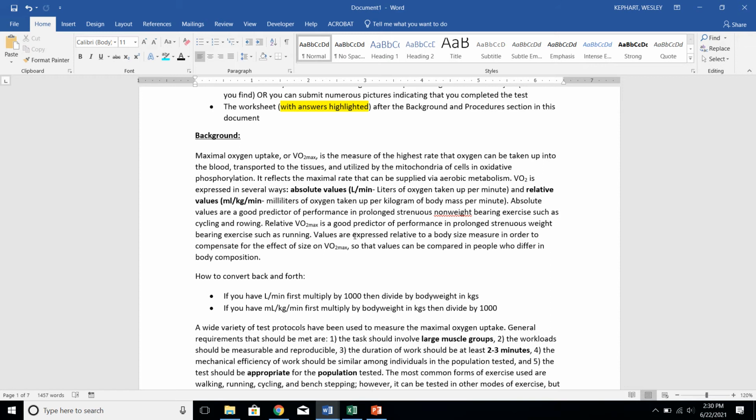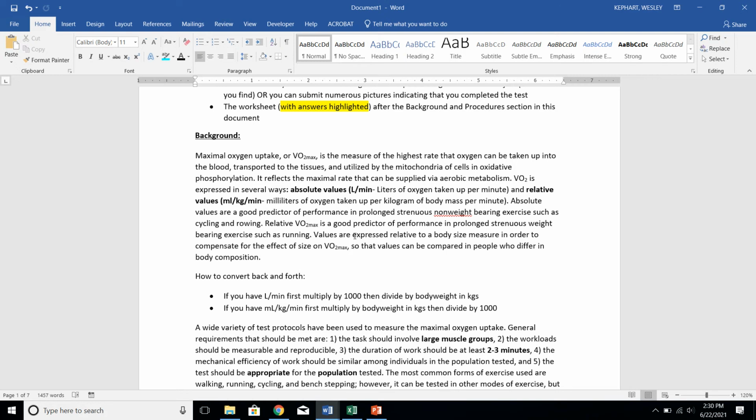Absolute values are just the amount of oxygen that you can transport in liters per minute. This is very frequently going to be a very small number. If someone had an absolute VO2 max of around 5 or so, that would actually be pretty good.